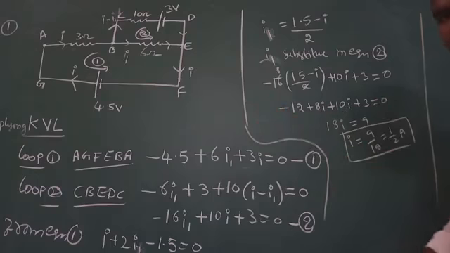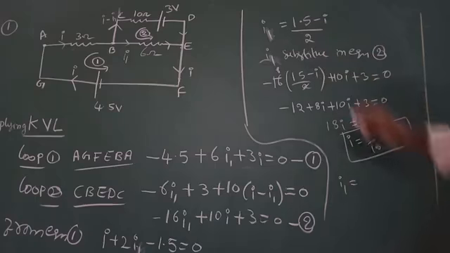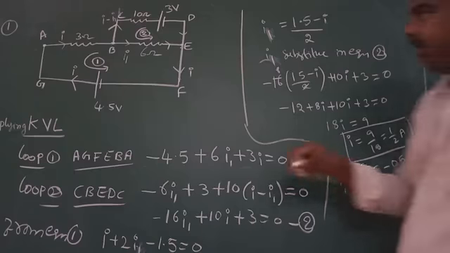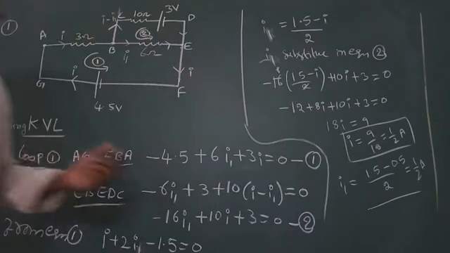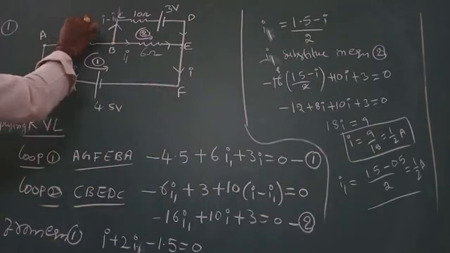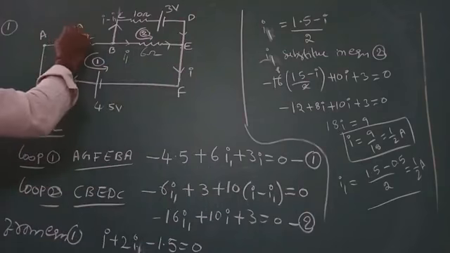Then what about I1? I1 equals 1.5 minus I by 2, that is 1.5 minus 0.5, which is 1 ampere. Therefore, the current through the 3 ohms resistor is 1 by 2 amperes.